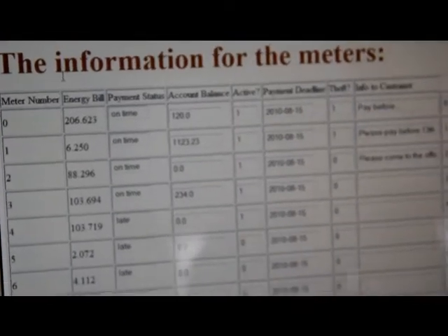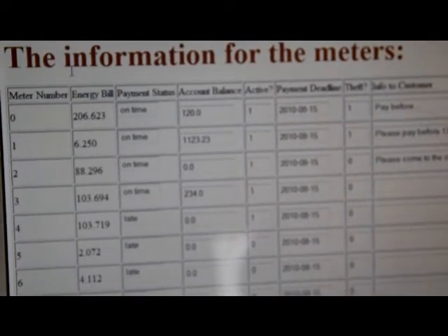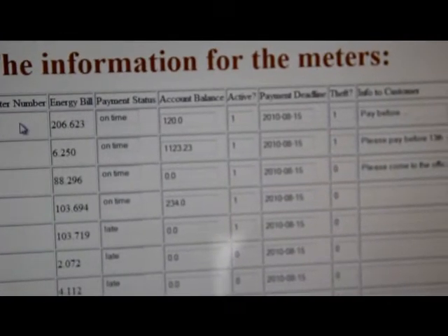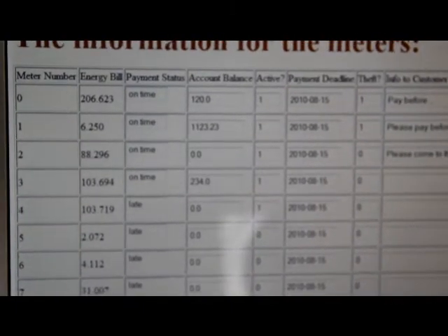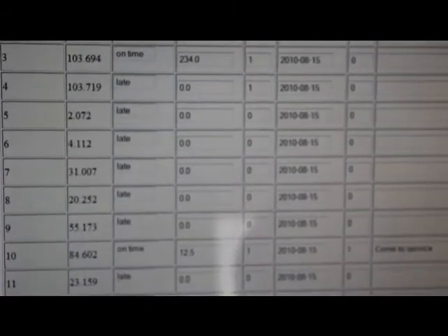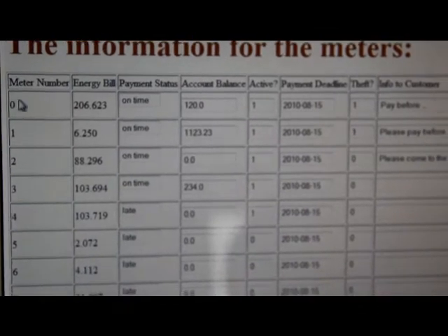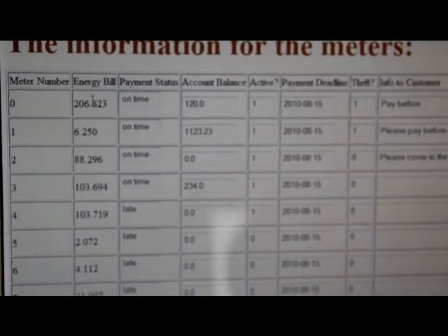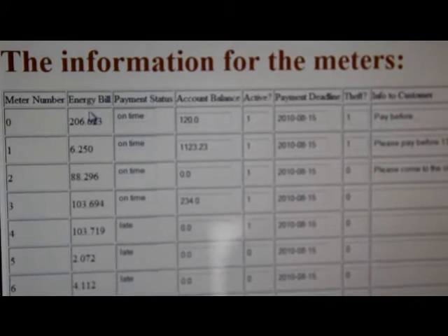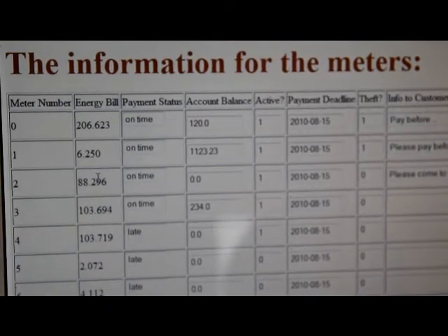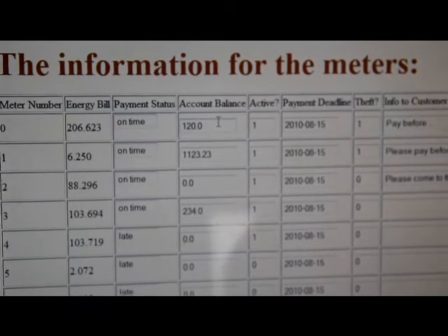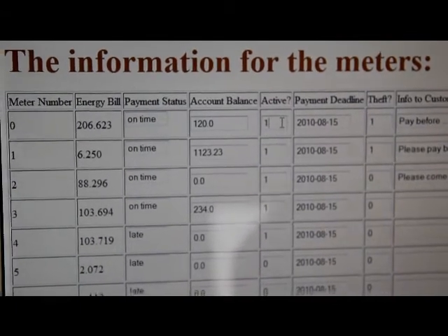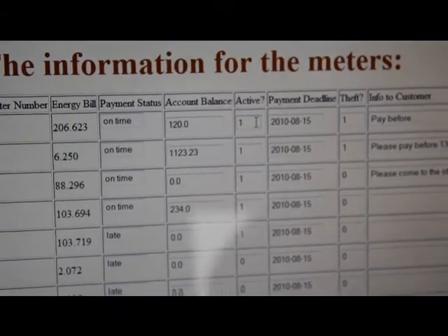This is for one public meter that we were talking about. One public meter consists of meter readings for 16 houses, as you can see from here, and all of them will be shown with various details: the energy bill, the payment status, the account balance, and whether they are an active user.